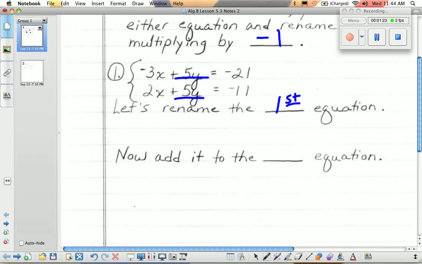And how we're going to do that is we're going to take negative 1 times every piece of the equation. So we have to take negative 1 times the 3x. We bring down our addition sign that's between them. We have to take negative 1 times the 5y. Bring the equal sign down, and we have to take negative 1 times negative 21.